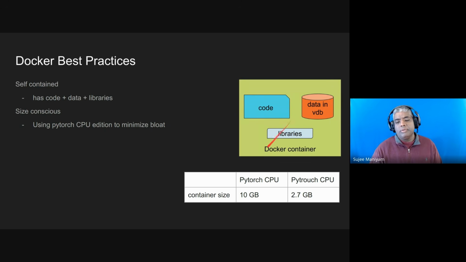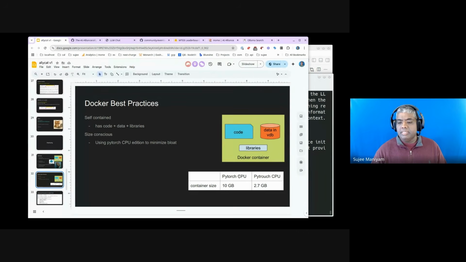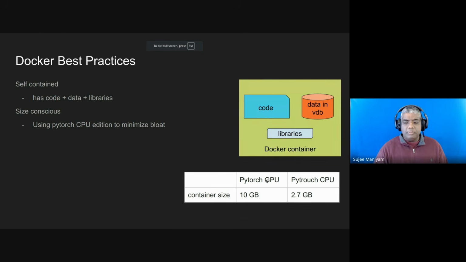Another thing I noticed when I was Dockerizing this component, with PyTorch, the default version, oh sorry, this should be flipped. This is GPU. This is CPU. There we go. By default, PyTorch installed the GPU libraries, and it can really add to your data size.